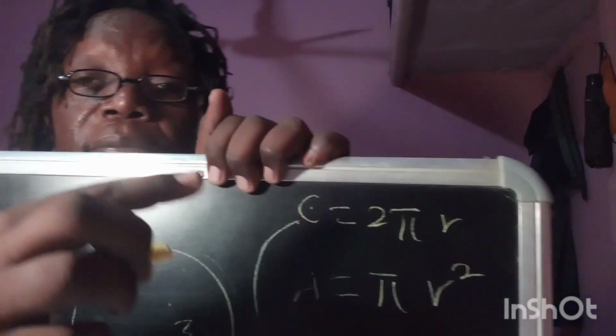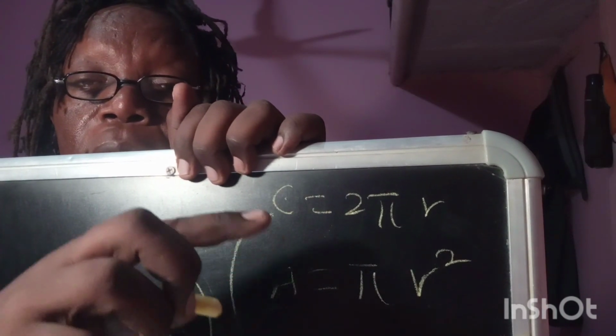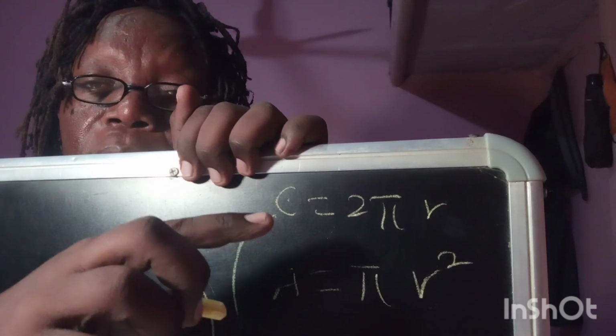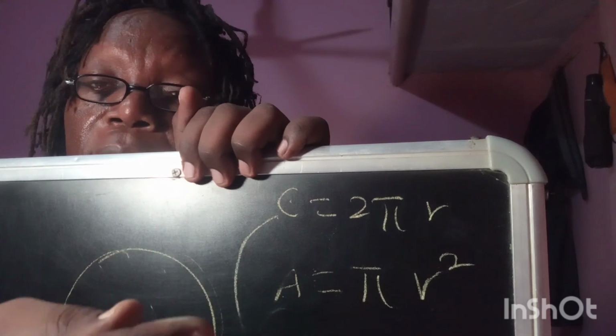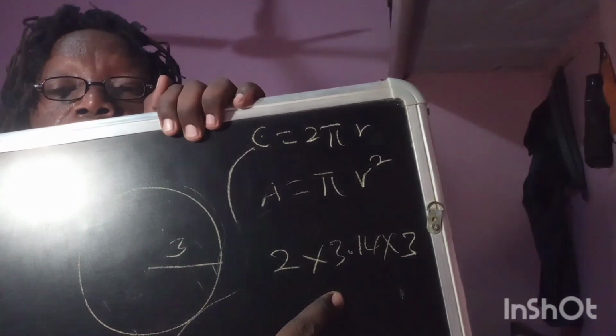Circumference is 2 pi r. So r is 3, and we multiply 2 times pi, which is 3.14, times r, which is 3. Let's do that. 2 times 3.14 times 3. Let's plug in those figures and see what we get.